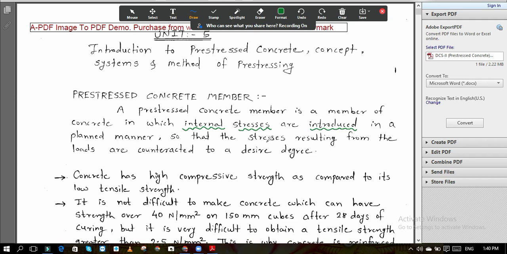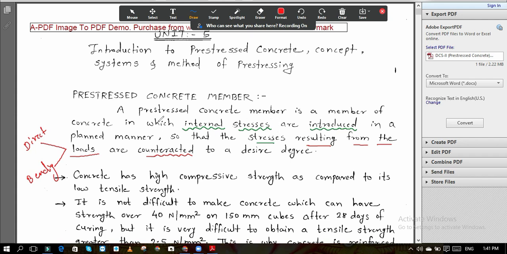So that the stresses resulting from the loads, here they have written the stresses resulting from the load. Which type of stresses result from the load? I already told you: direct stress and bending stress, P by A and M by Z, are counteracted. Counteracted means counterbalanced, or balanced to the desired degree. So to balance these two stresses, we do this.